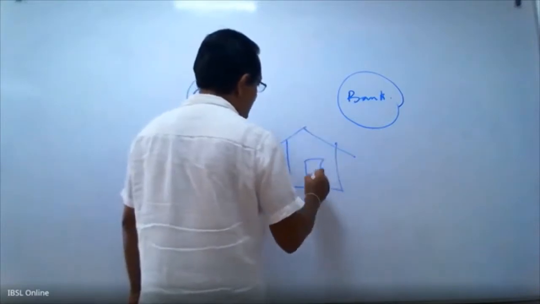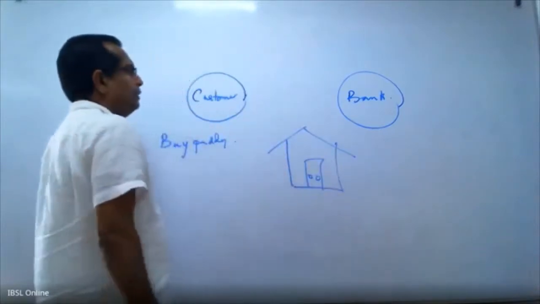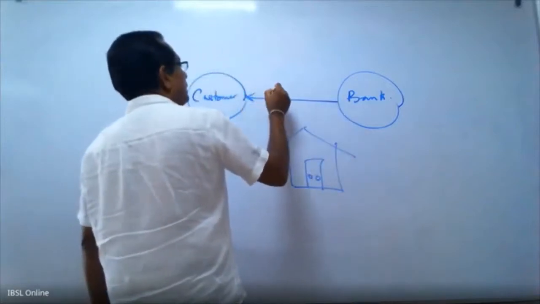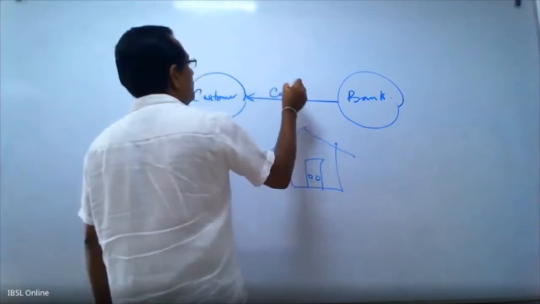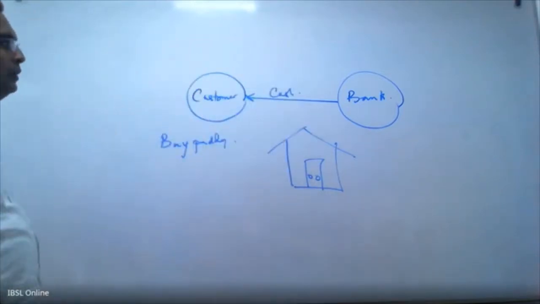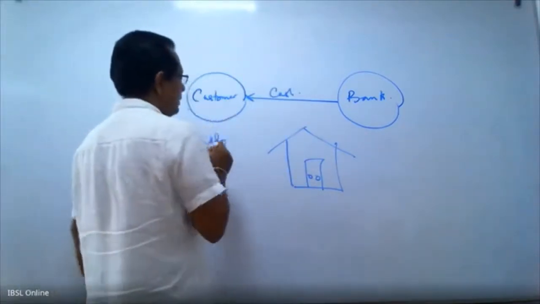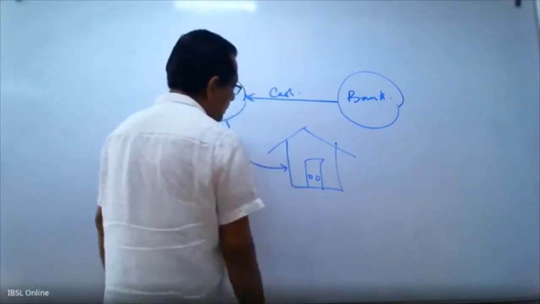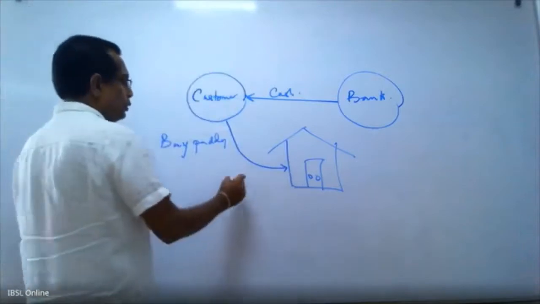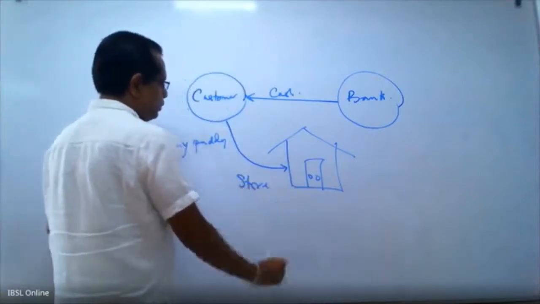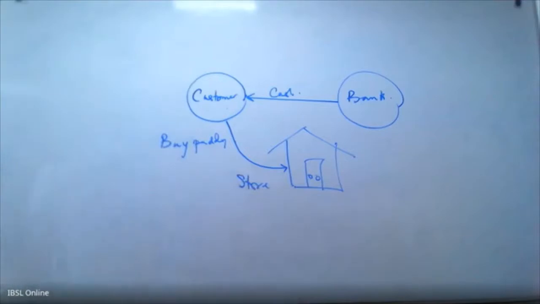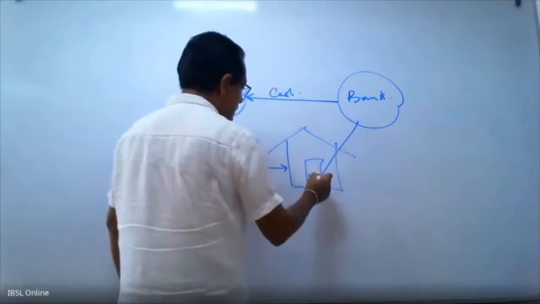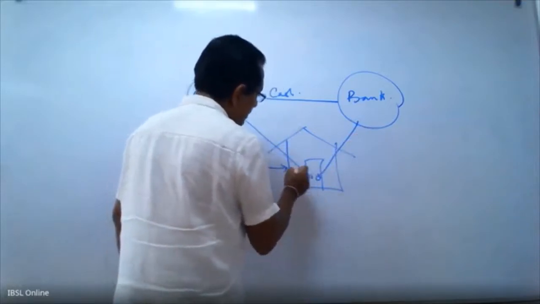We give him cash to buy paddy. Once the customer buys paddy, he will bring this paddy to a store which is controlled by the bank and the customer both.